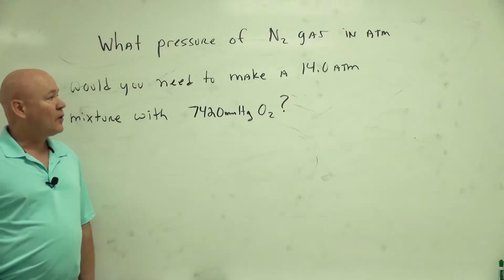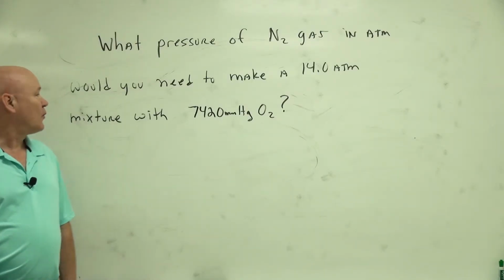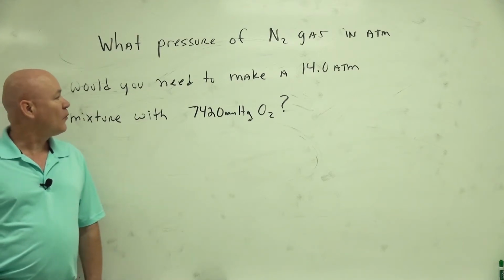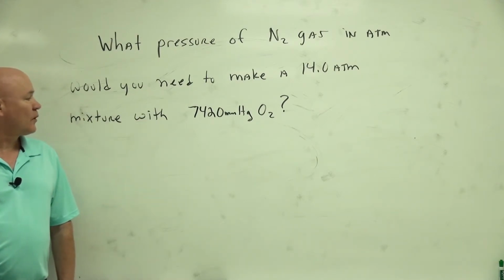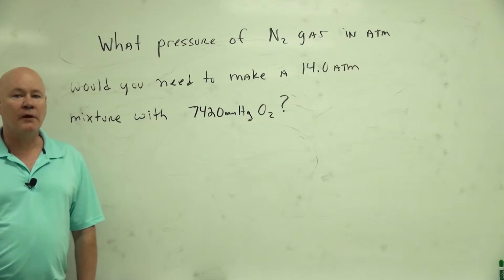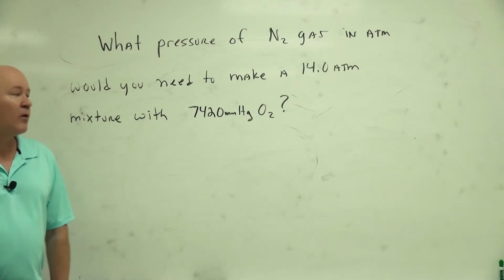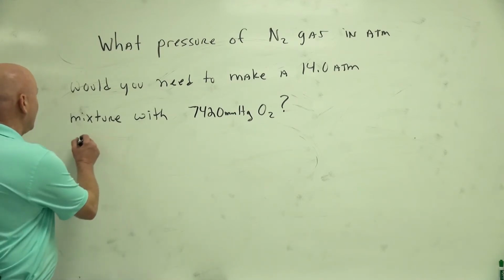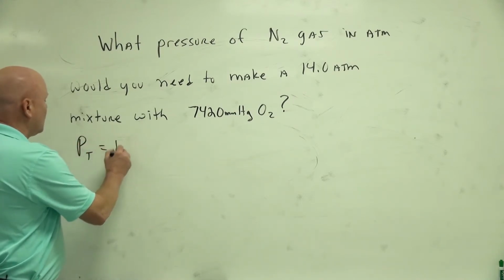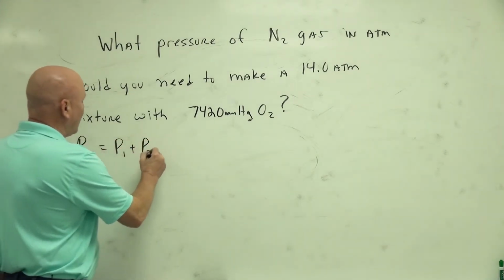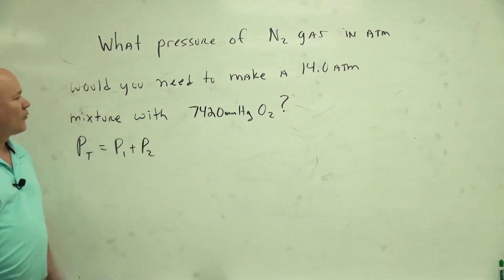What is the pressure of nitrogen gas in atmospheres you would need to make a 14.0 atmosphere mixture with 7,420 millimeters mercury of oxygen? Now this is a partial pressures law calculation, so it is P total equals P1 plus P2 plus however many you've got.